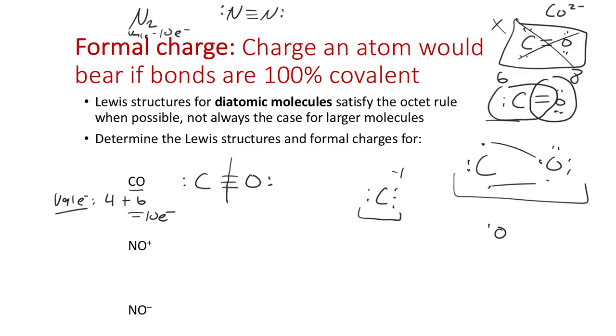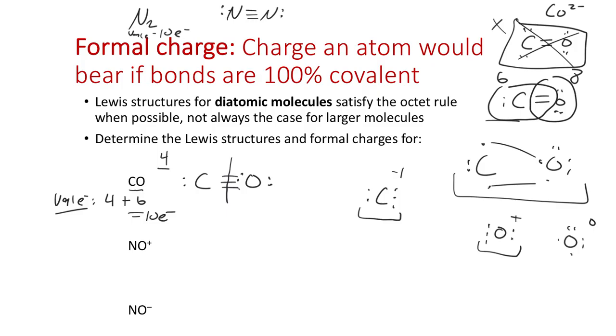If I had oxygen look like this, again, we wouldn't draw a dot structure this way. This is just from breaking the bond in half and thinking, okay, what would this charge be here? Well, oxygen should have 6 electrons. If oxygen had 6 electrons, it would be neutral. So this has to be positive. The way I usually think of determining formal charge is I first write the valence count for the atom.